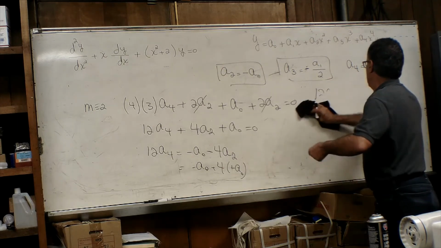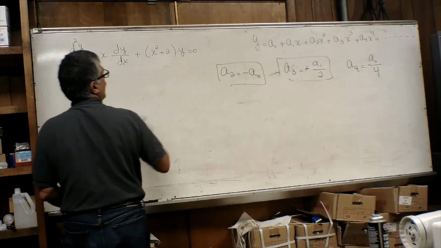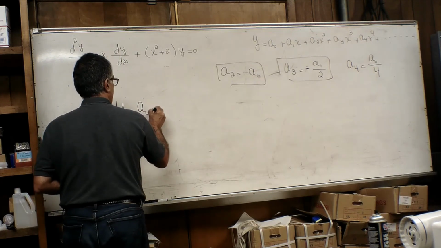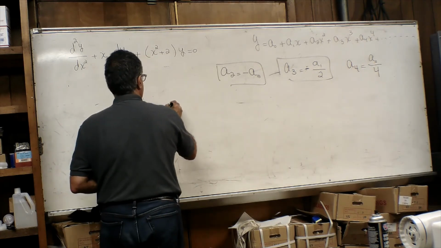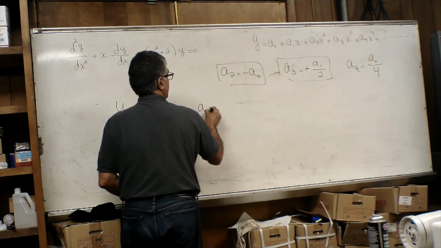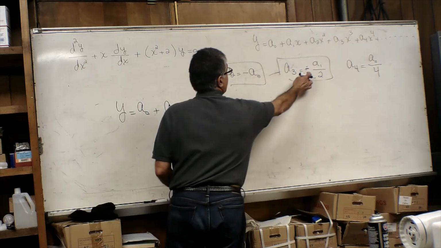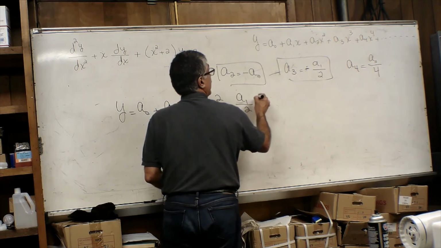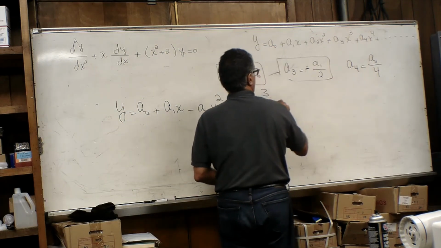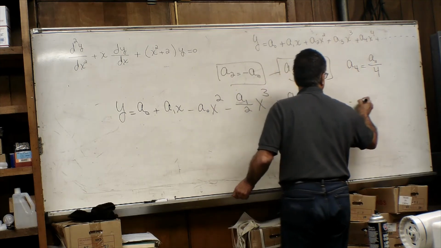If we do that, we are going to have y equal to a0 plus a1x plus a2x squared, where a2 is minus a0, so minus a0 x squared, plus a3x cubed, where a3 is minus a1 over 2, so minus a1 over 2 x cubed, plus a4x to the power 4, where a4 is a0 divided by 4, so plus a0 divided by 4 x to the power 4, and so on.